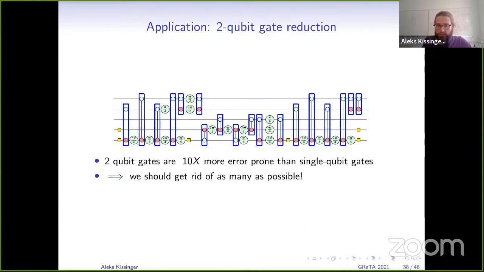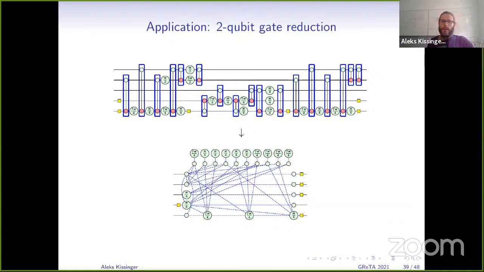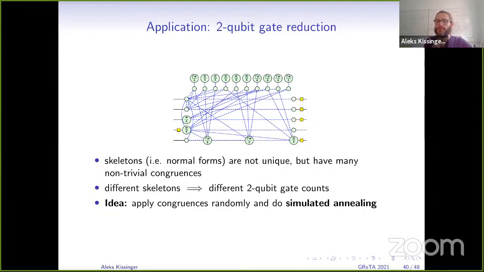So we've been thinking about this lately as well, also within this paradigm of taking a quantum circuit and computing its skeleton. An interesting thing we can do there is that these skeletons are not unique. So this is at best a pseudo-normal form, but there are a lot of non-trivial congruences on the skeleton.